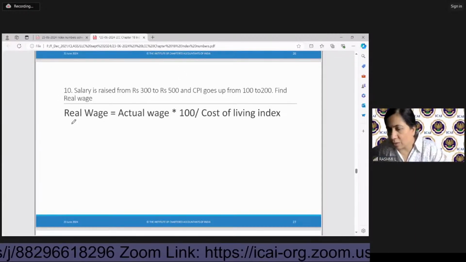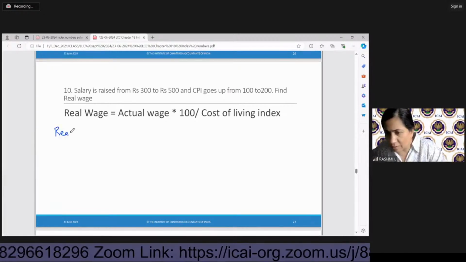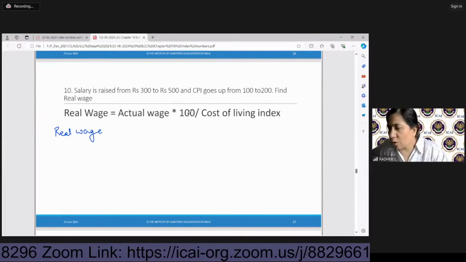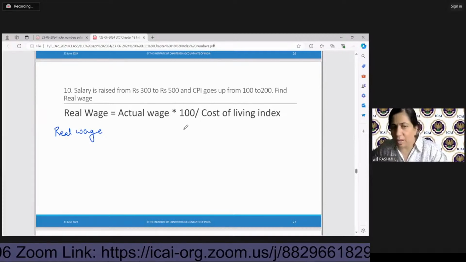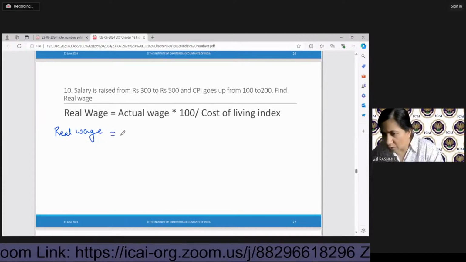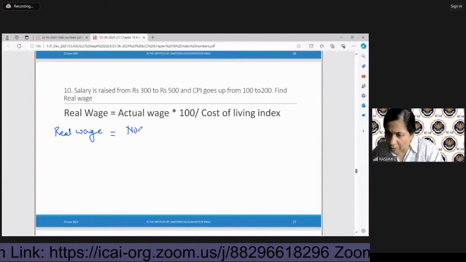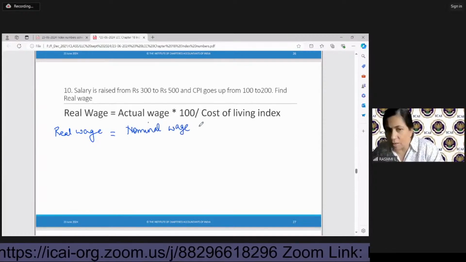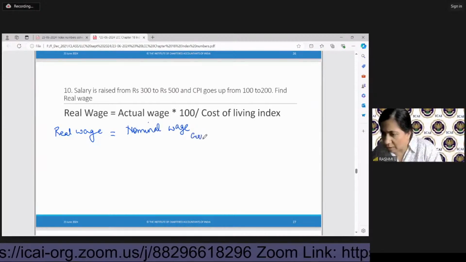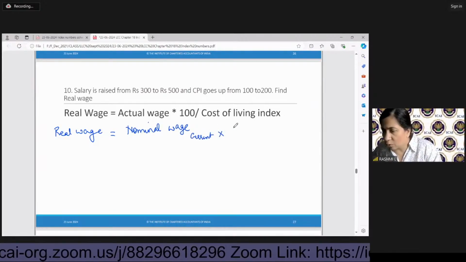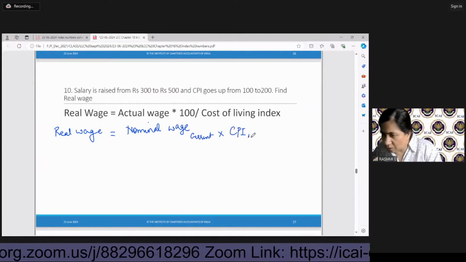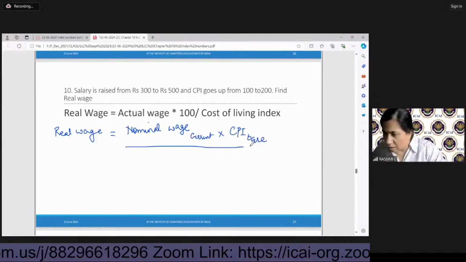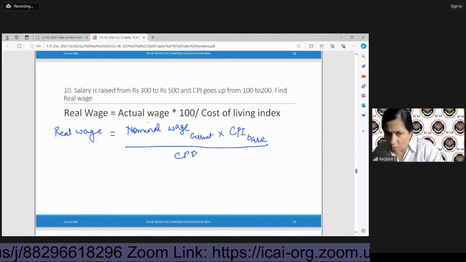Now, we know that real wage is actual wage into 100 upon cost of living, and it is also equal to nominal wage of current year into CPI of the base year upon CPI of the current year.